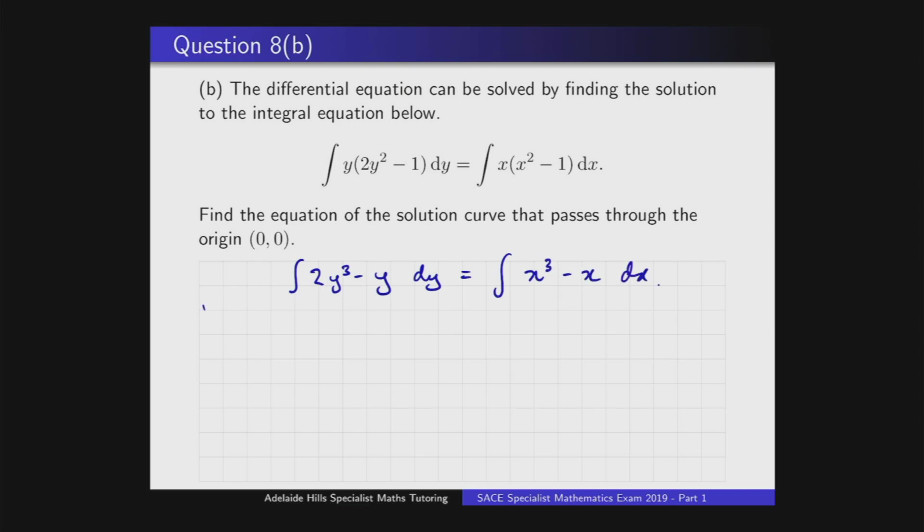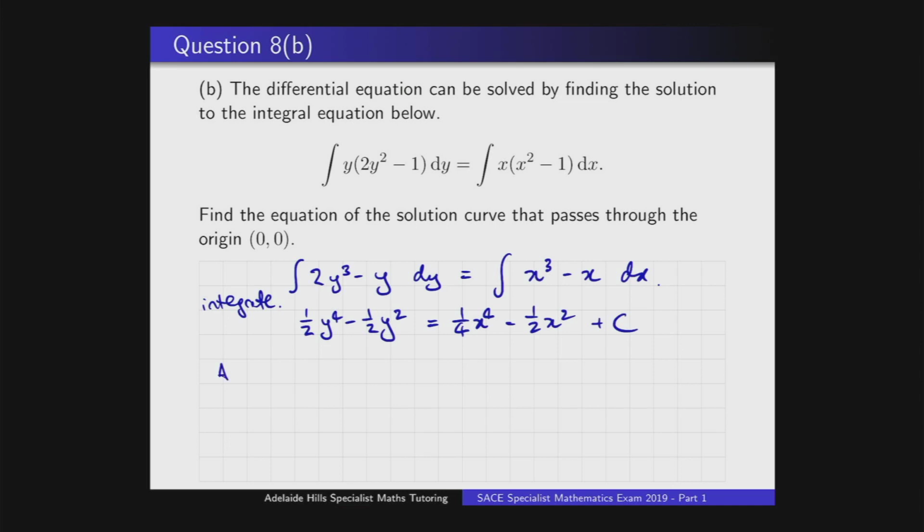Okay, so now we're integrating. If we integrate 2 times y cubed, we're going to divide by 4, so we get a half y to the 4 minus a half y squared, and that's going to be equal to a quarter x to the 4 minus a half x squared. And we have to add a constant because we've integrated here. Now to solve for this constant, we can substitute in the point that we have.